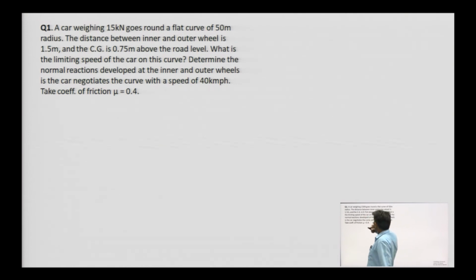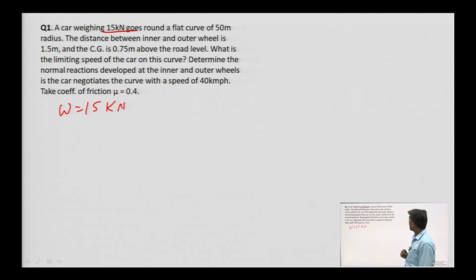In this question, a car weighing 15 kilonewton, W is equal to 15 kilonewton, goes round a flat curve of 50 meter radius.